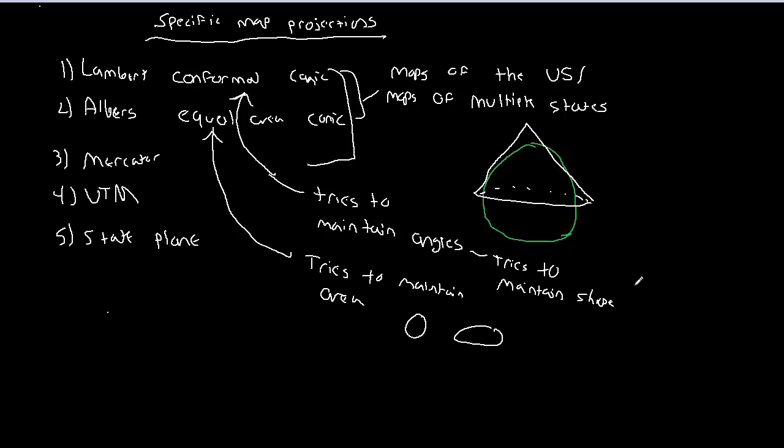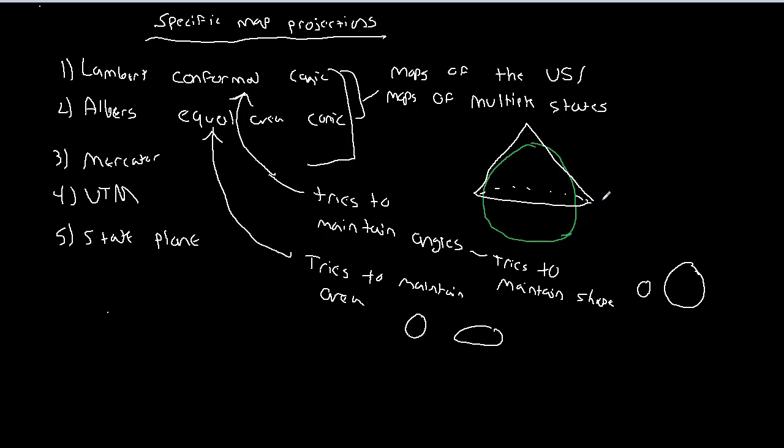Or do we make it look like this, where we keep the shape, but the area is now much bigger? That is the fundamental difference: a conformal projection will try to keep the shape by making the area larger, whereas an equal area projection will try to maintain the area by distorting the shape.